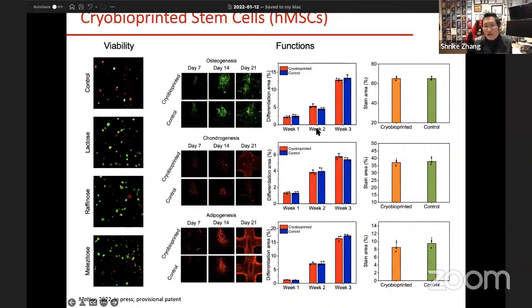And if you compare these differentiation results between the cryo bioprinted MSCs and the control groups, which are not cryopreserved, you see that there is not much difference between the two groups, indicating that the cryo bioprinting and cryopreservation did not really affect cell functionality after all these processes.